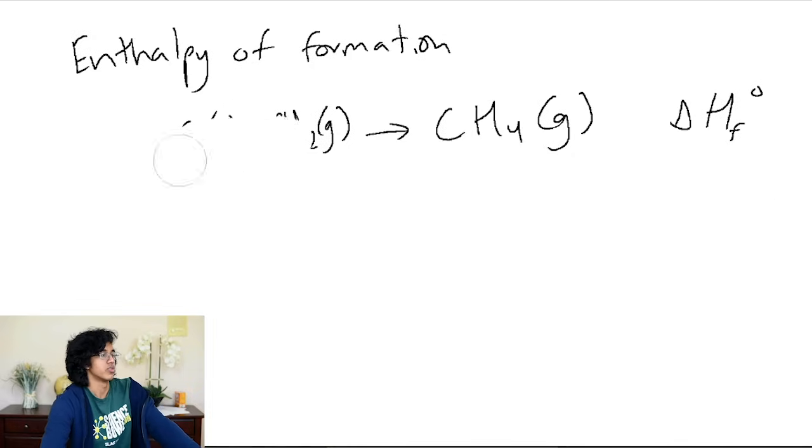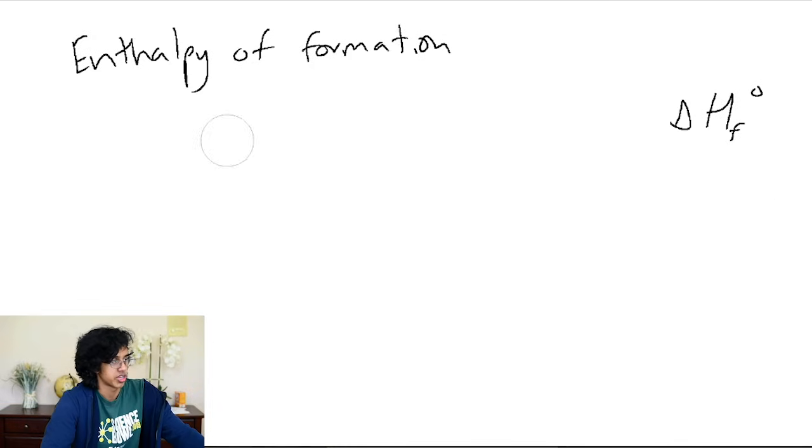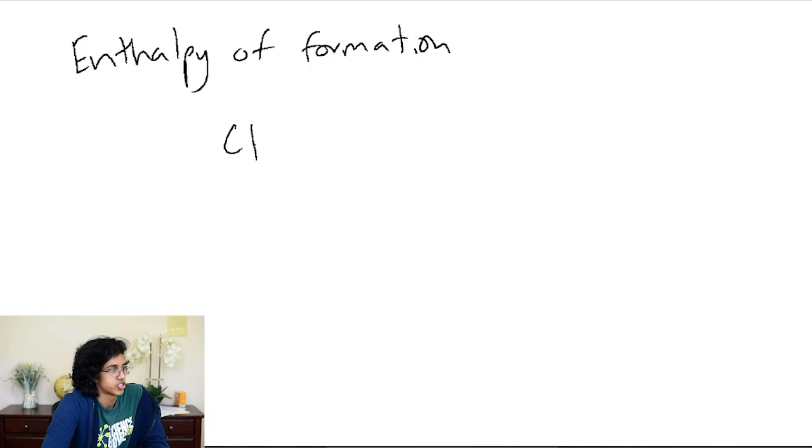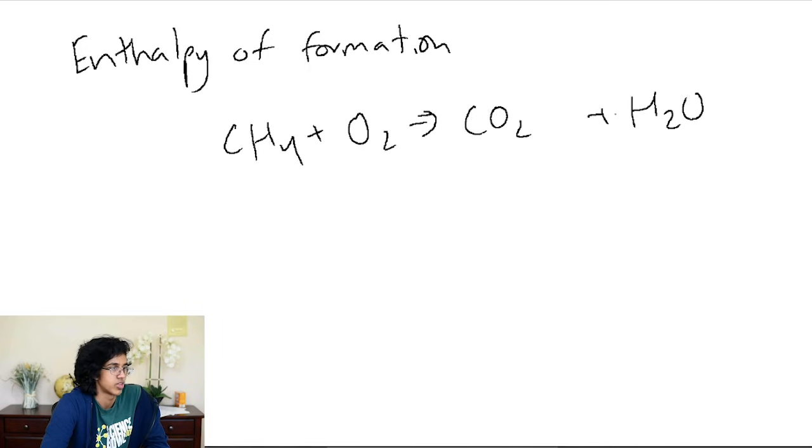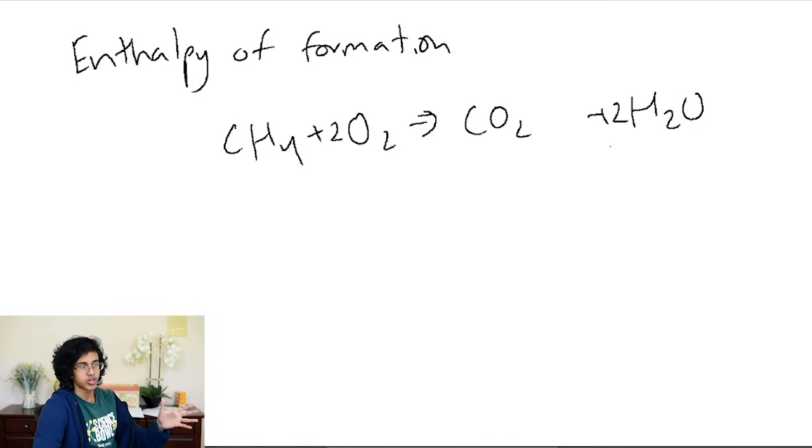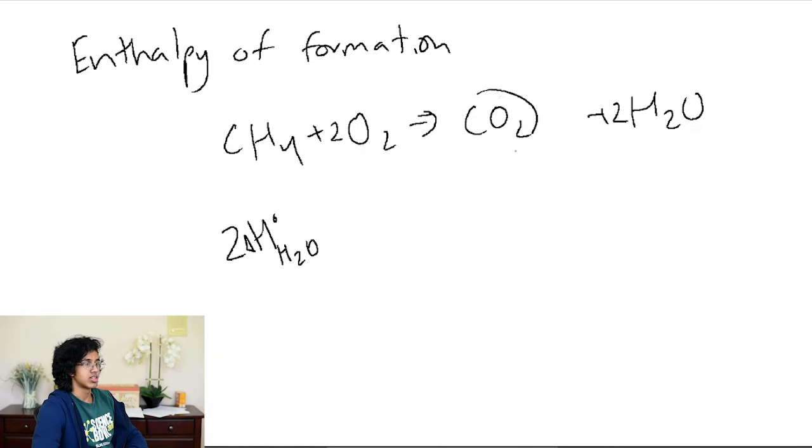So why is this useful? Well, let's say we had a more complicated reaction. What about combustion of methane? CH4 plus O2 yields CO2 plus water. Let's balance this real quick. Alright, so we want to find the enthalpy change of this reaction. All we have to do is use the enthalpy of formation. We take 2 times the enthalpy of formation of water, and then add 1 times the delta H for CO2.